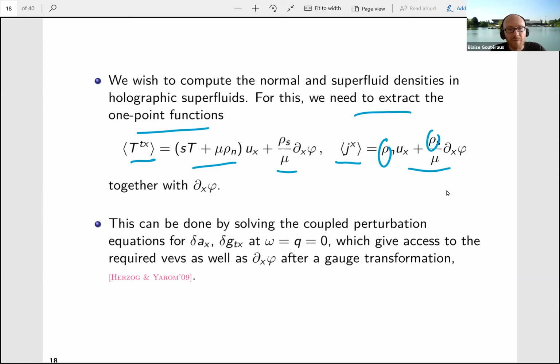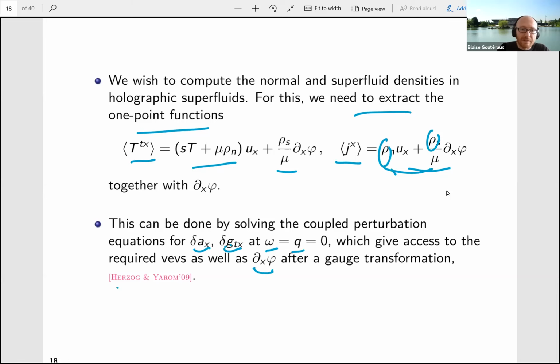Now, the way we do this holographically is that we consider perturbations of the bulk fields. So perturbations of the metric along the Tx component and perturbation of the gauge field along the X direction. And the nice thing is that, as I was stressing at the beginning of the talk, these are quantities that you can access just using thermodynamics. So you can work at zero frequency and zero wave vector, and that gives access to all the required information, as well as the superfluid velocity after a gauge transformation.